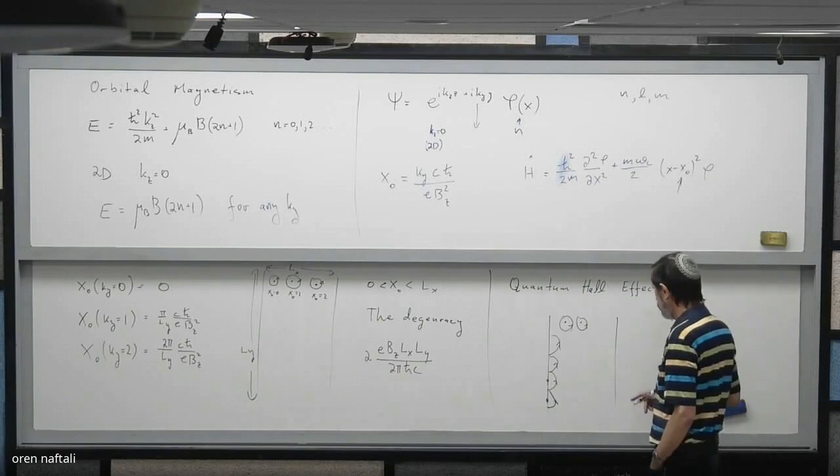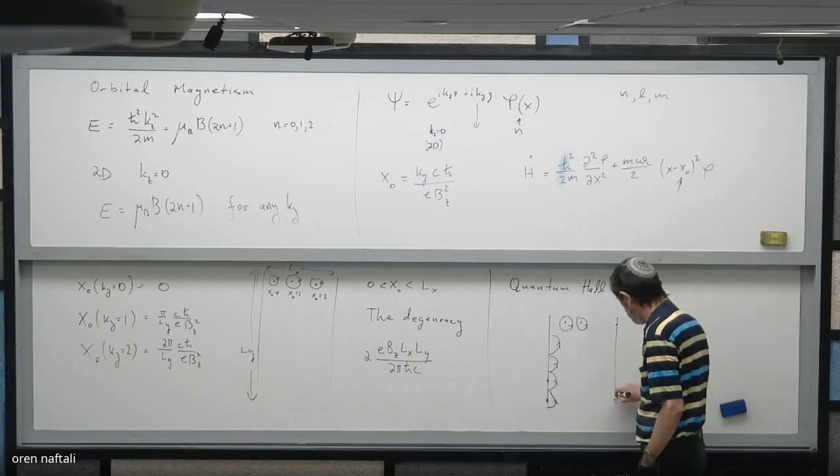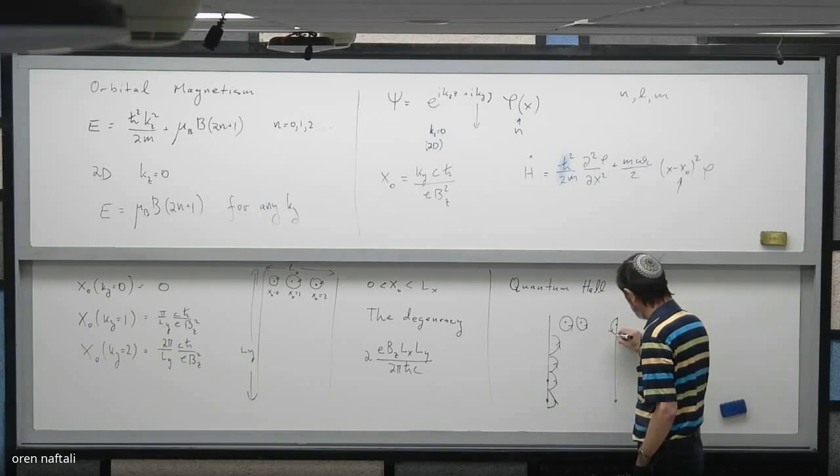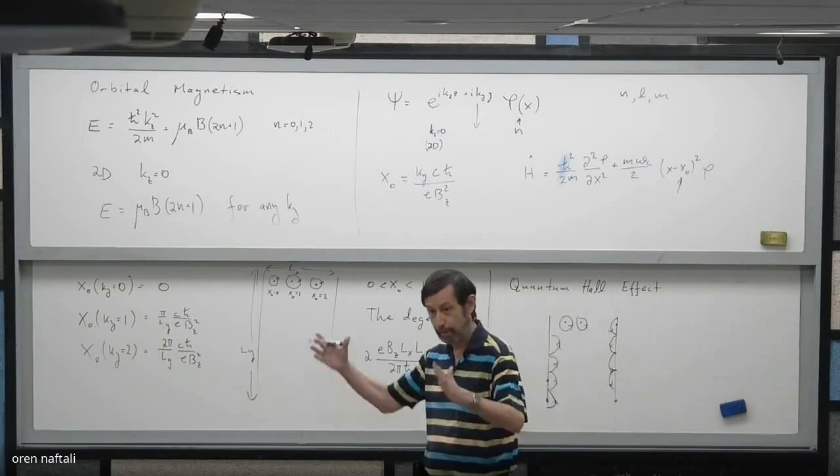And if I look at the other side, if I have an edge here, I can have a state that is jumping in the opposite direction.